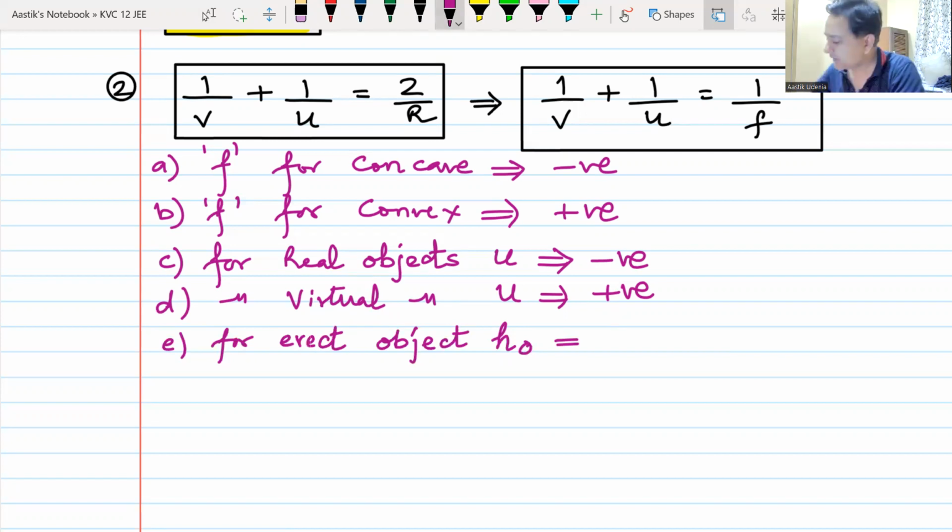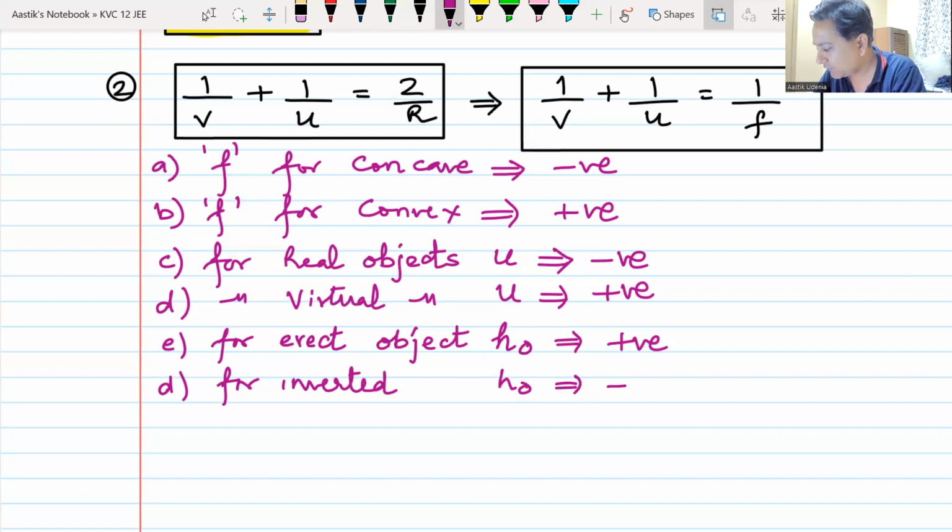Positive. Yes. HO means H standing for height, O for object. O is for object. I is for image. For inverted object or image, HO, in that case, if the object is inverted, it will be negative.